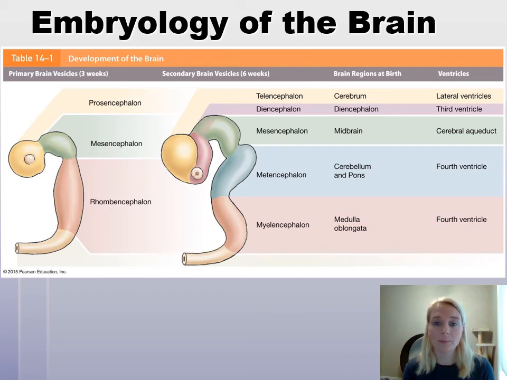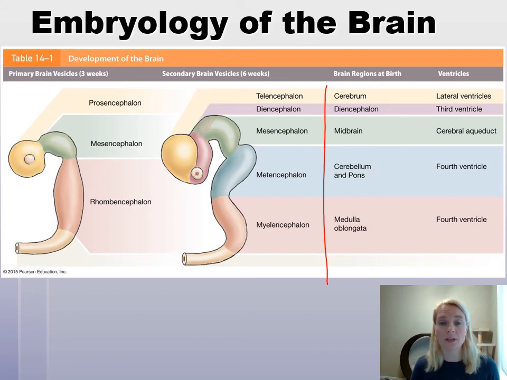The metencephalon becomes the cerebellum and the pons, and the myelencephalon transitions into the medulla oblongata. So those are all that, this column here are all the regions we just got done looking at in the adult brain, which are present at birth. They grow a lot in the first couple years of life, and they continue to develop through the rest of your life, but they are there at birth.